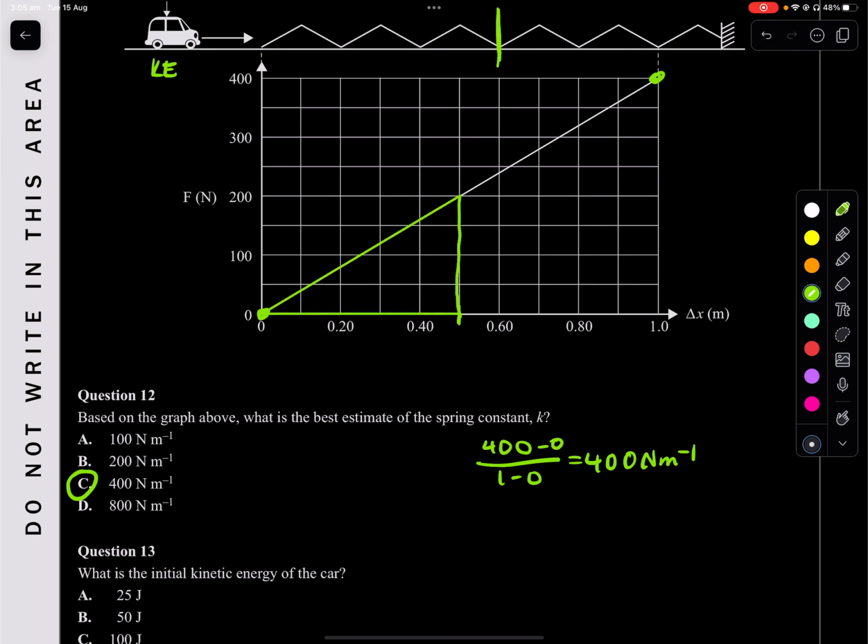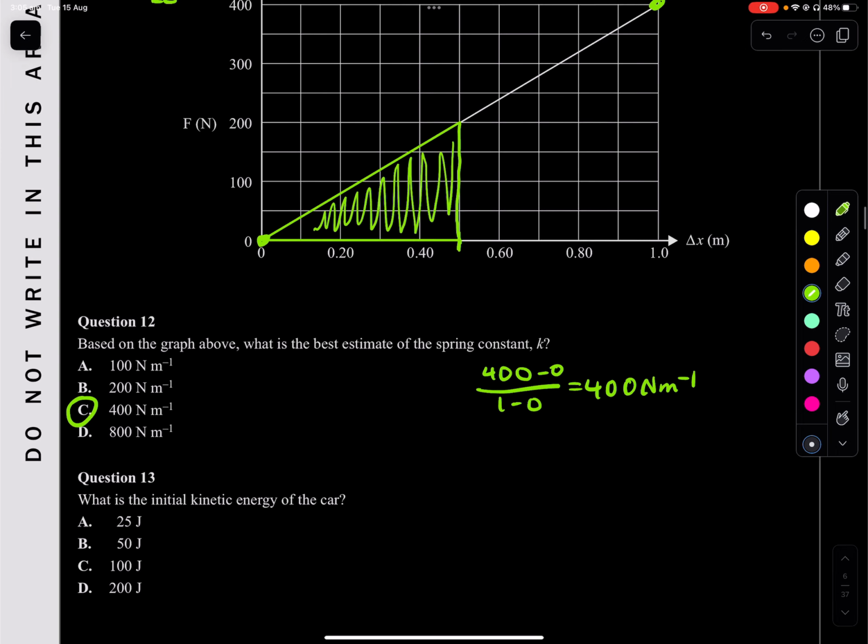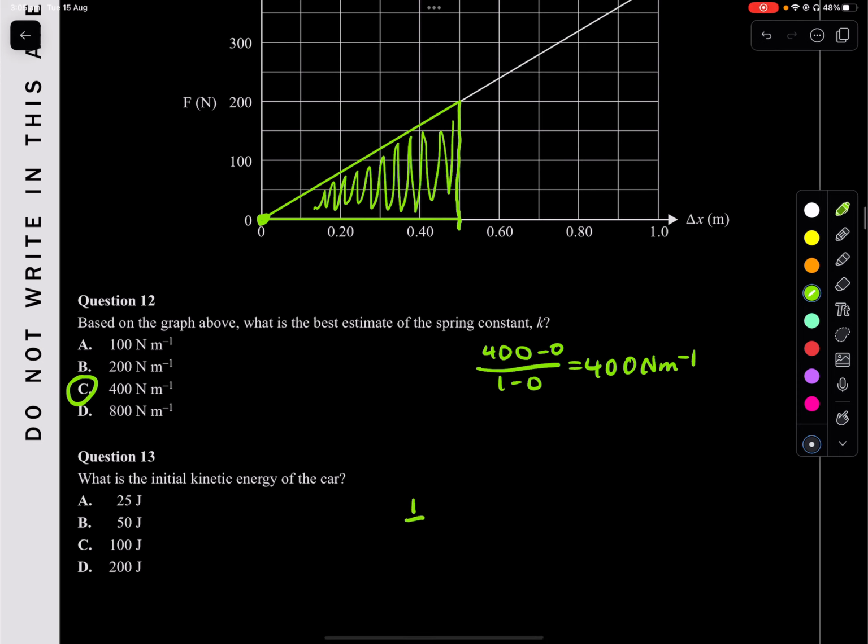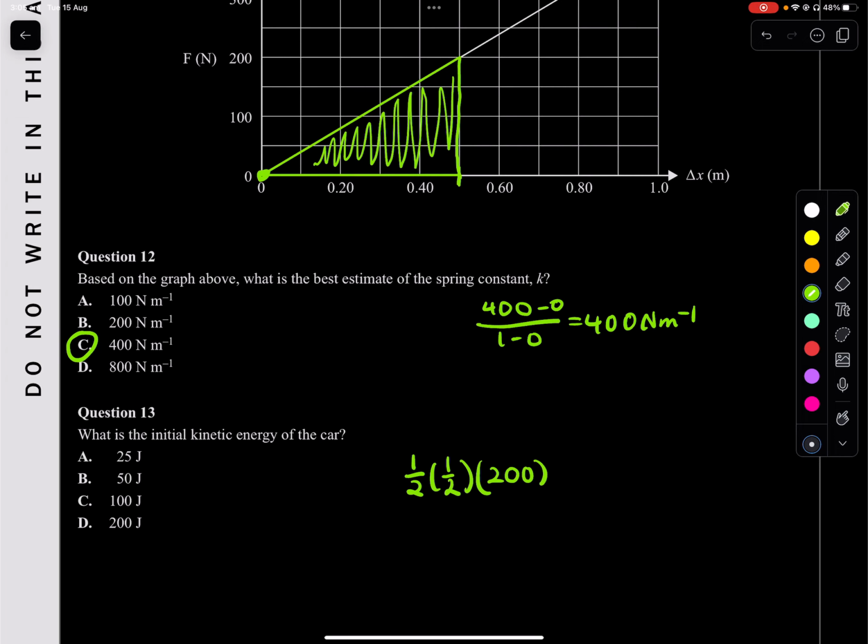So the area is half times 0.5, which is another half, times 200. So 200 times half is 100, and times another half is 50. So B is your answer for that one.